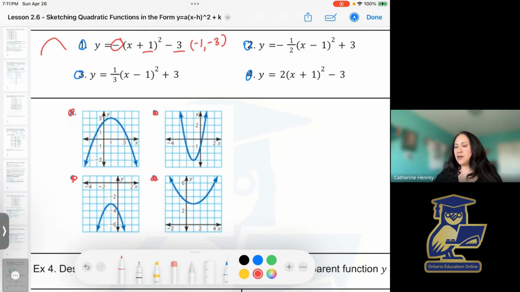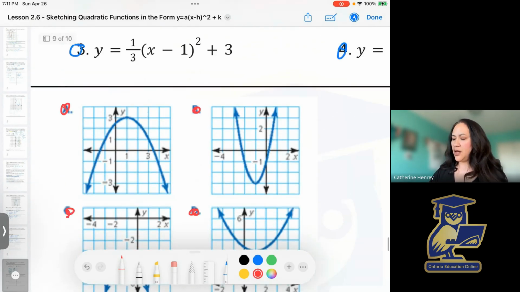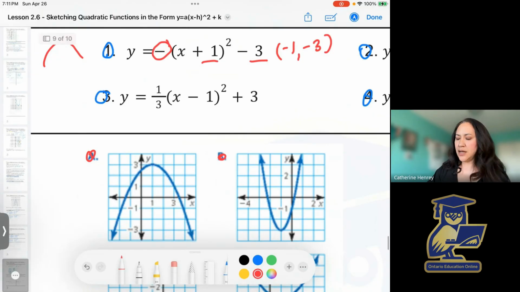So if I look at my graphs, I'm looking for a parabola that opens down and a vertex of (-1, -3).